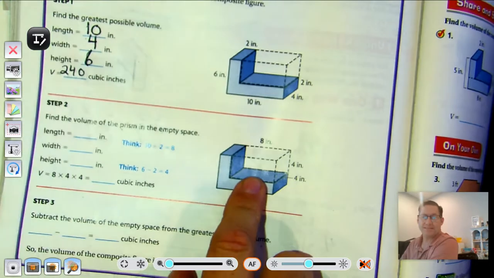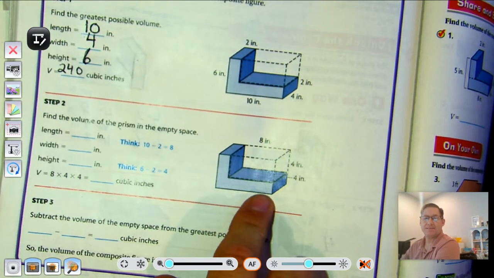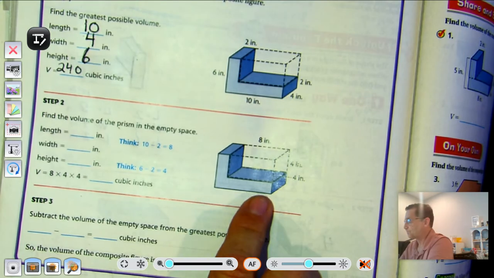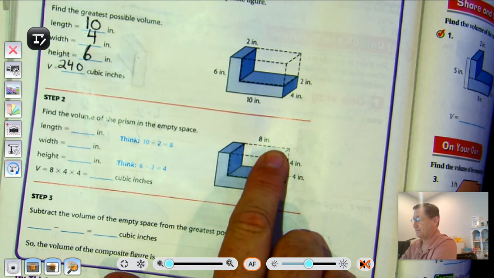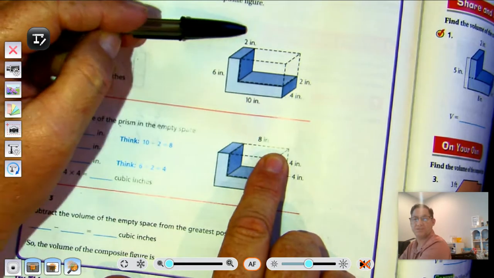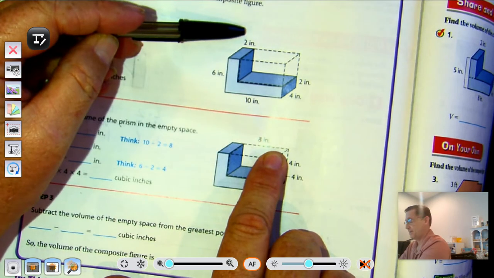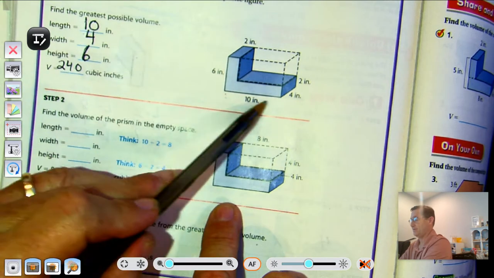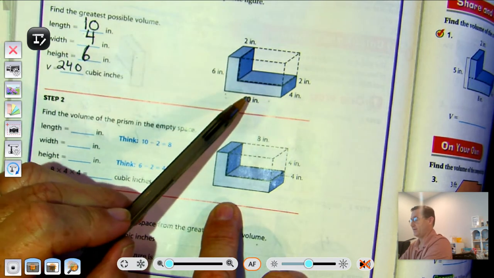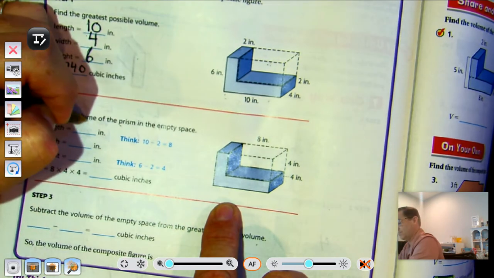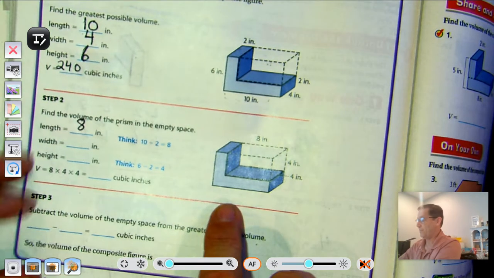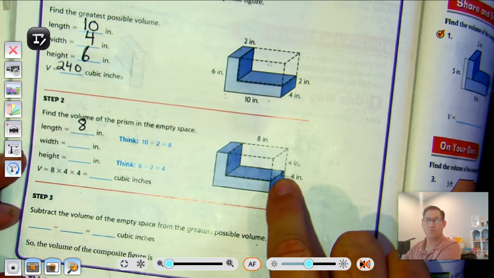What is the empty space? What's the volume of the empty space? Well, they're telling us that the empty space has a length of 8, which makes sense because 8 plus 2 would be 10. Okay, and they said down here the length is 10. So if we take 10, take away 2, the missing space is 8 inches long. The width would be 4.